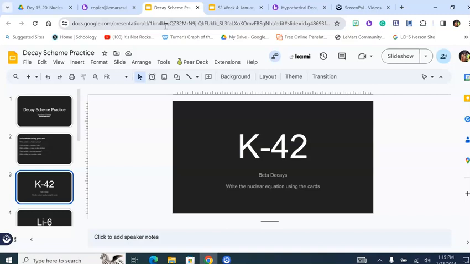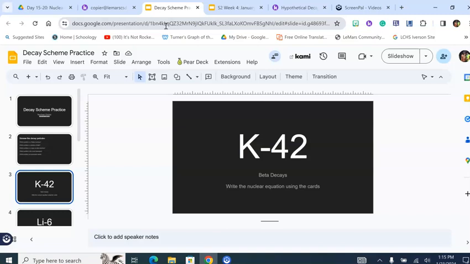Okay? Now, when you have the beta decay that happens right here, then you put a plus symbol. And then you do the math. Now remember, my clue here is you always add. So 42 plus 0 is 42. And then 19 plus 1 is 20.